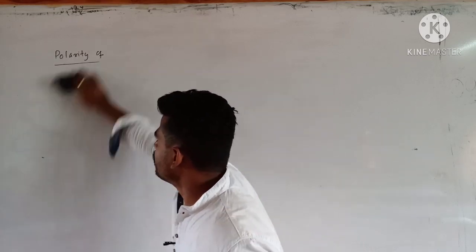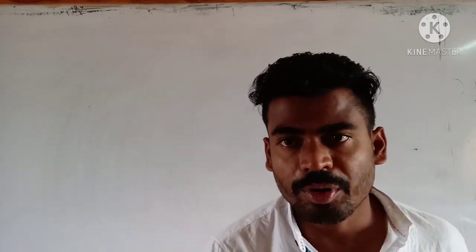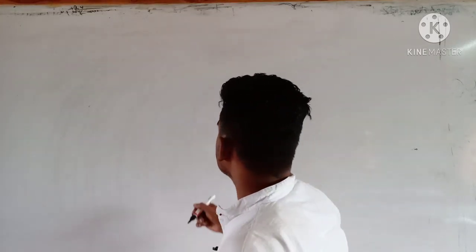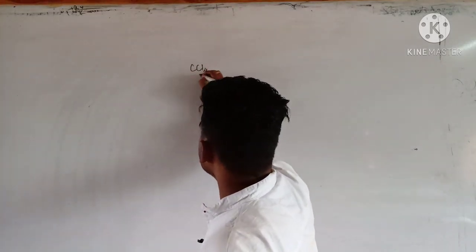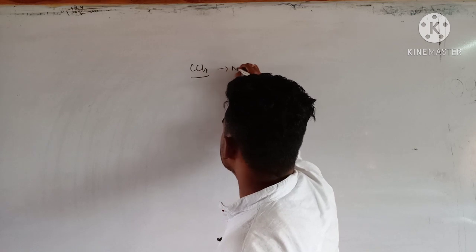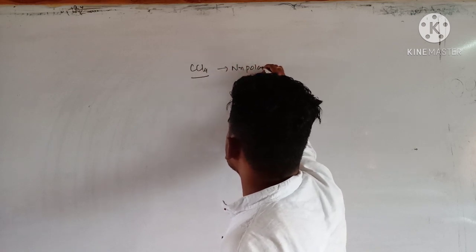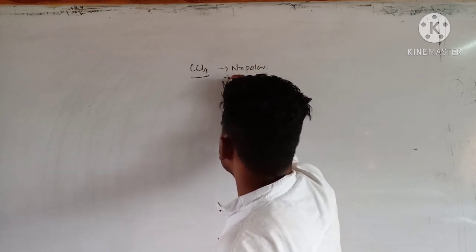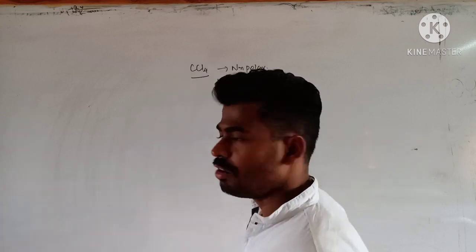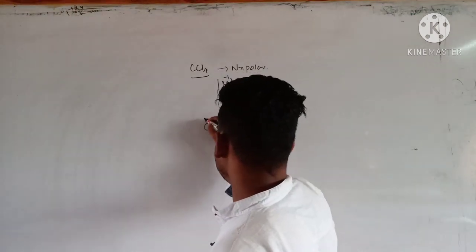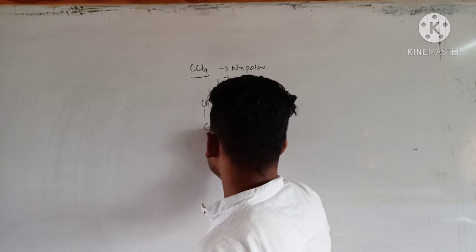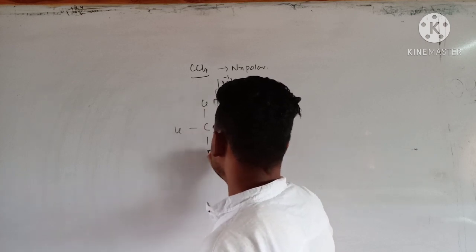For example, carbon tetrachloride. This one is non-polar. Non-polar means the value of mu is equal to 0. Carbon tetrachloride can be arranged like this: Cl, Cl, Cl, Cl.